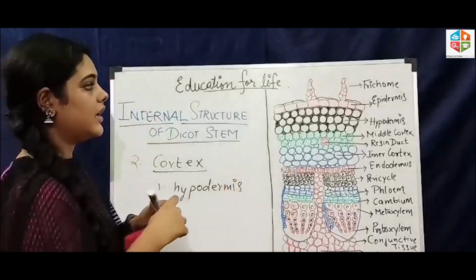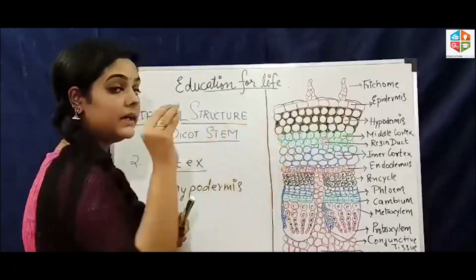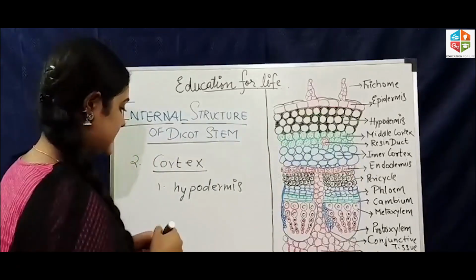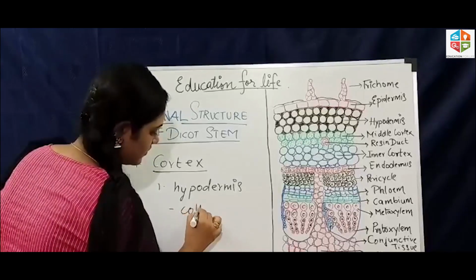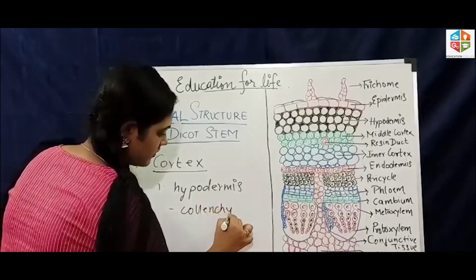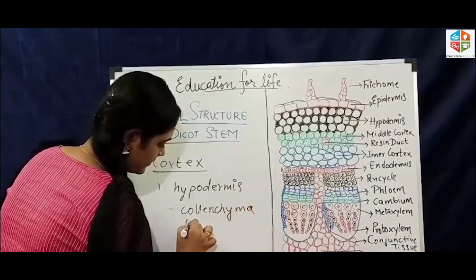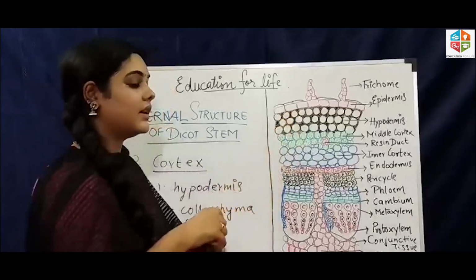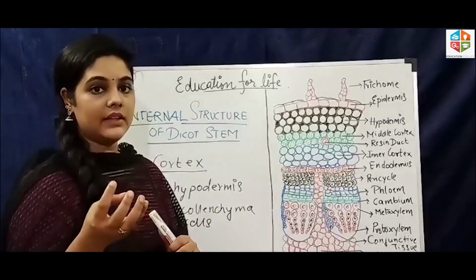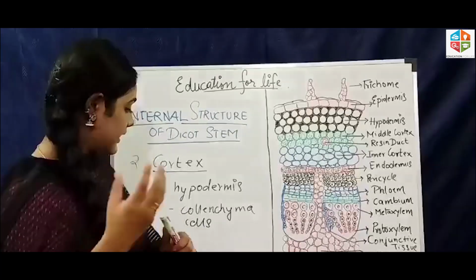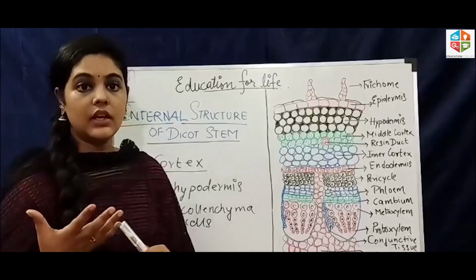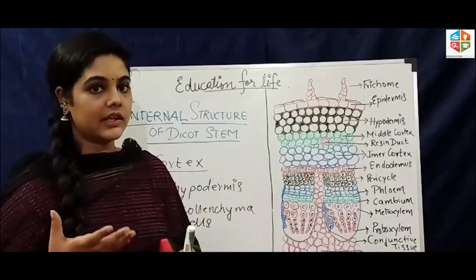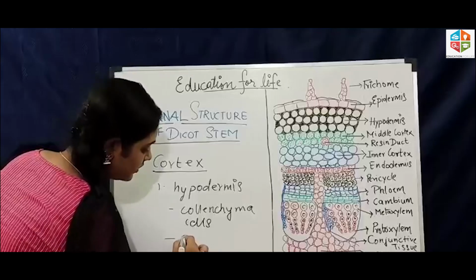The hypodermis is made up of multiple layers, 6 to 8 layers of parenchyma cells. In the gaps there is a deposition of pectin and cellulose. The parenchyma cells of the hypodermis help the plant by giving it mechanical support. Mechanical support is the function of the hypodermis.